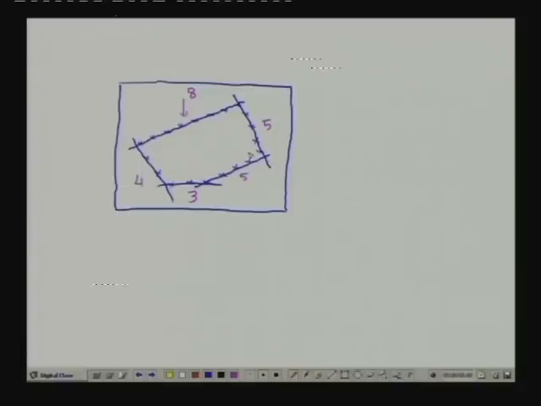But if I say that I will consider only those lines to be significant where the number of collinear points lying on the line is greater than or equal to 4, then I will be detecting only this line, this line, this line, and this line.